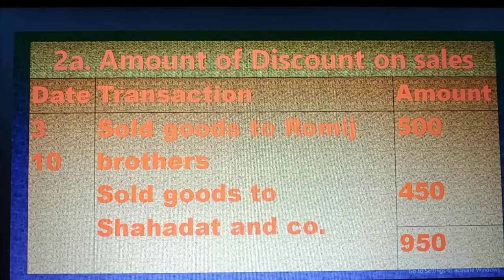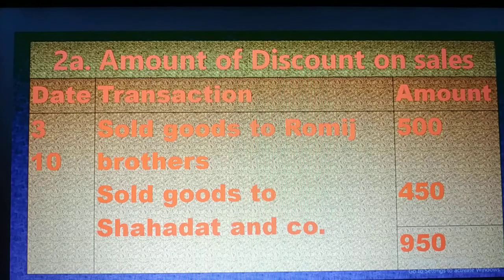Earlier I have also discussed discount. So discount on sales means that at the time of selling goods, whatever amount we take less from the buyer is the discount on sales.